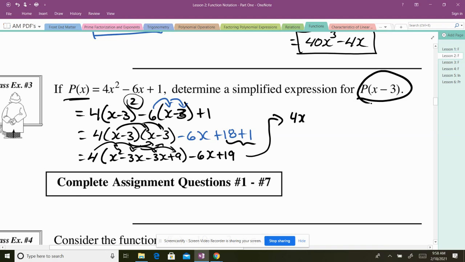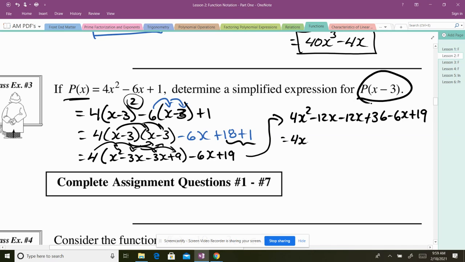So I get 4x squared minus 12x minus 12x plus, oh my gosh, 36. 9 times 4 is 36, right? Now what do I do, Kyle? There you go.